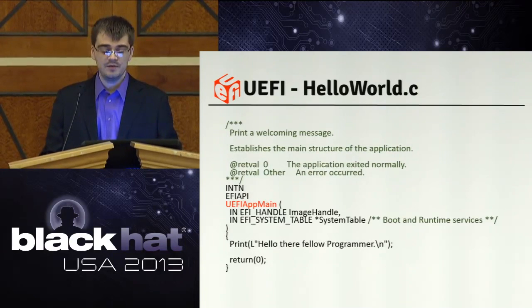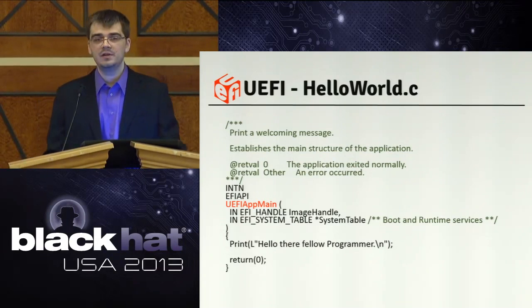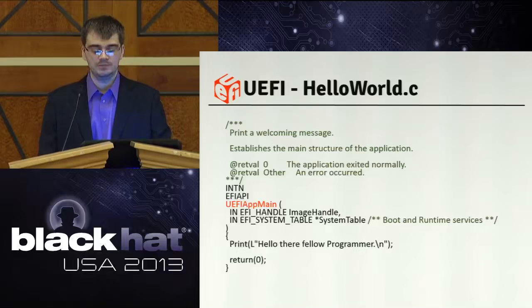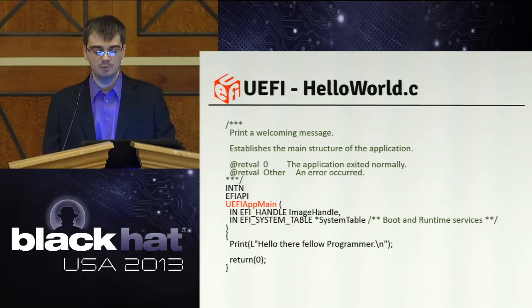So this main function still takes two parameters. The first one is the handle of your image, and then you have a pointer to the system table, which actually consists of pointers to boot and runtime services. These are the functions you can actually use, and the previous example was just a wrapper around this to make it more like C code, so C programmers feel at home.